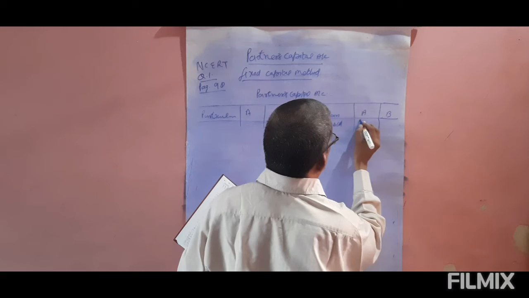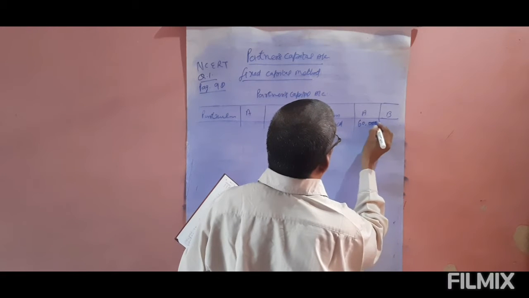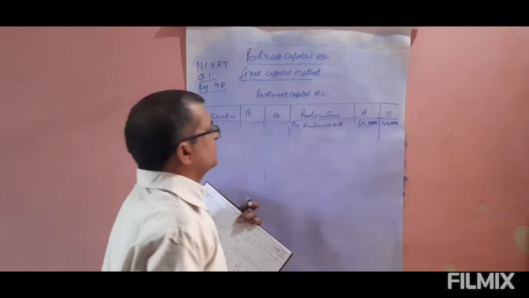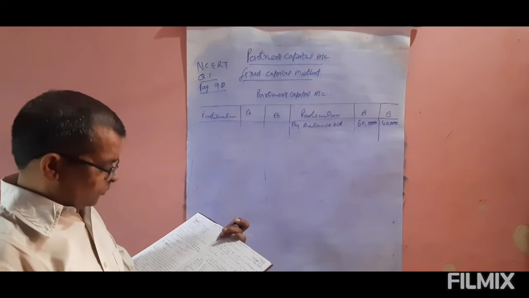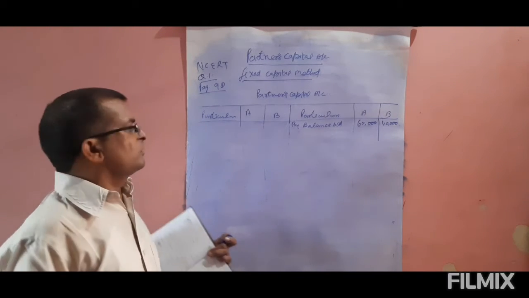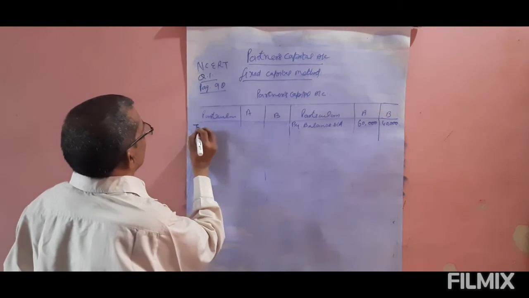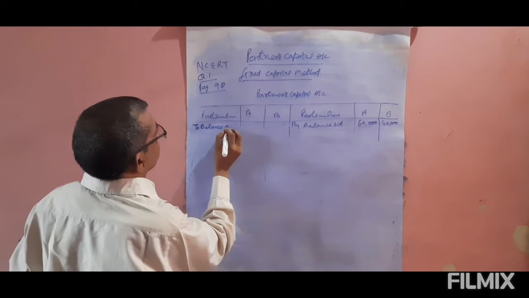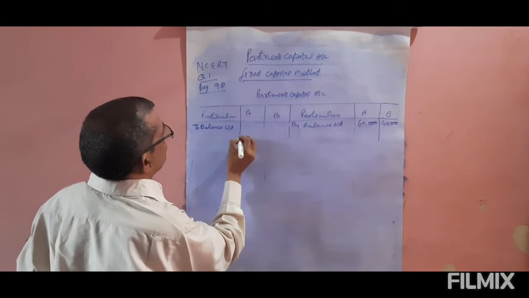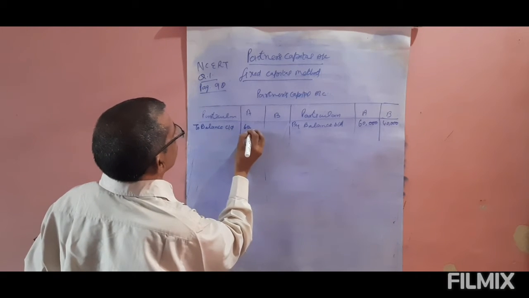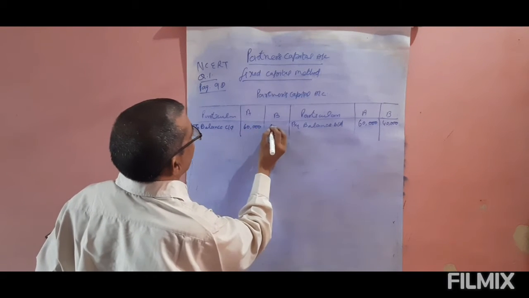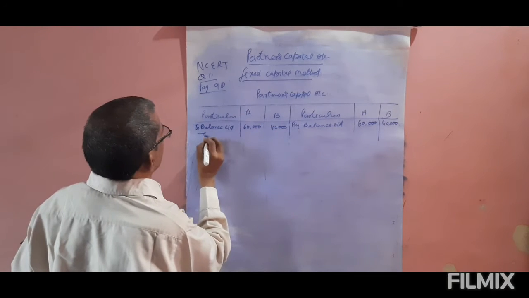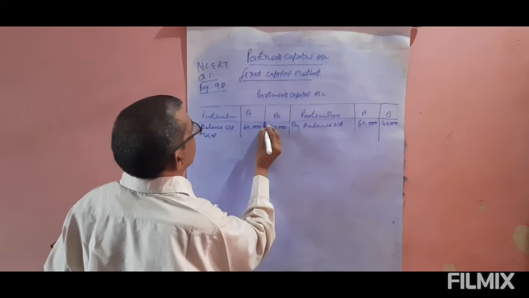60,000 and 40,000. This is the balance. No other entry is made in this. Here is to balance c/d. How much? 60,000 and 40,000. There is the total.